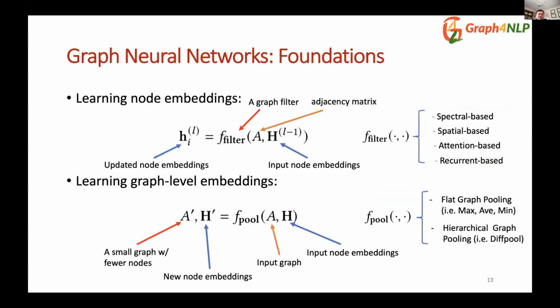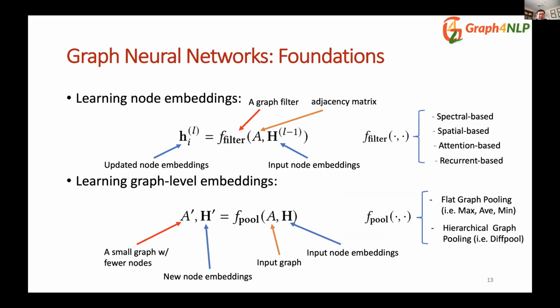Okay. So now let's talk a little bit about the graph neural foundations. The process of node embedding is essentially trying to learn the embedding of each node in a graph by processing the initial adjacency matrix and also the initial node embedding.